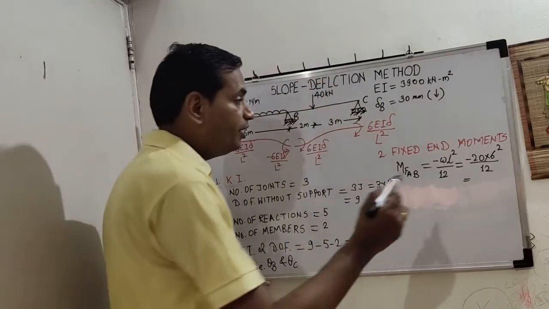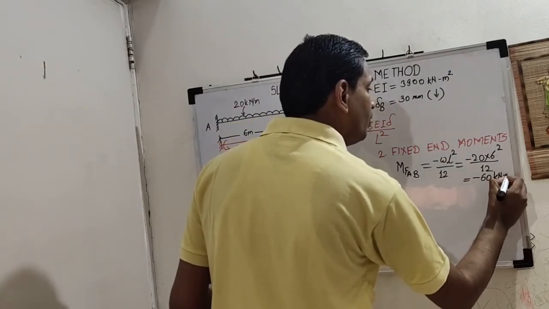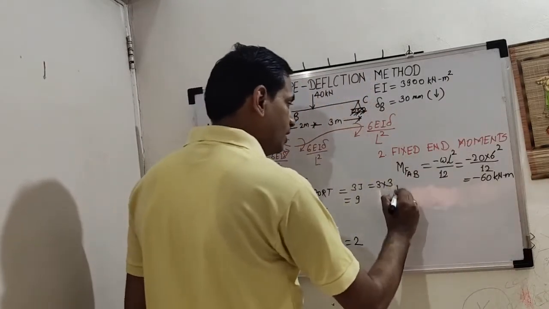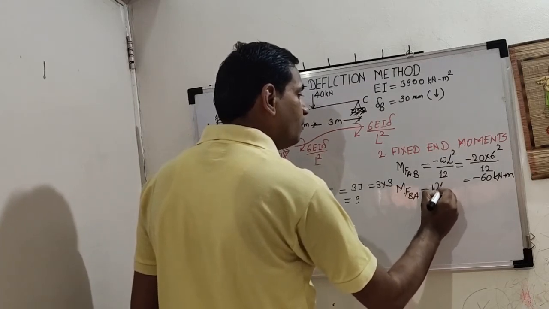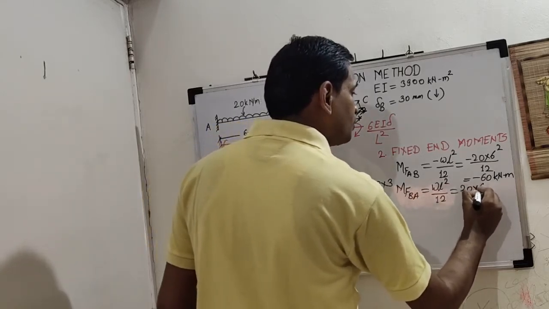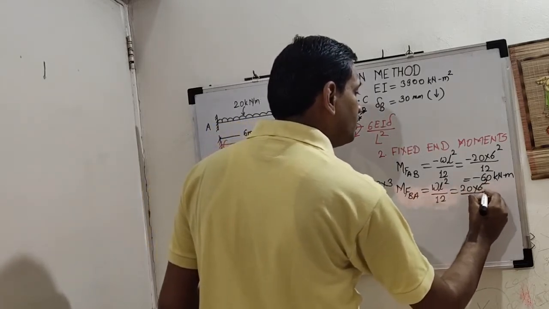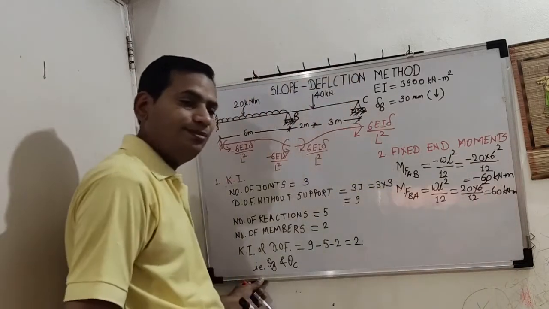So it is 3 into 20 is minus 60. So it is minus 60 kilonewton meter. Then MFBA, it is plus WL square by 12. So it is plus 20 into 6 square by 12. So finally the answer is plus 60 kilonewton meter.